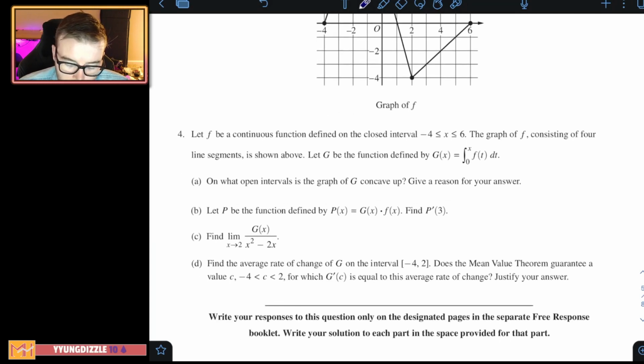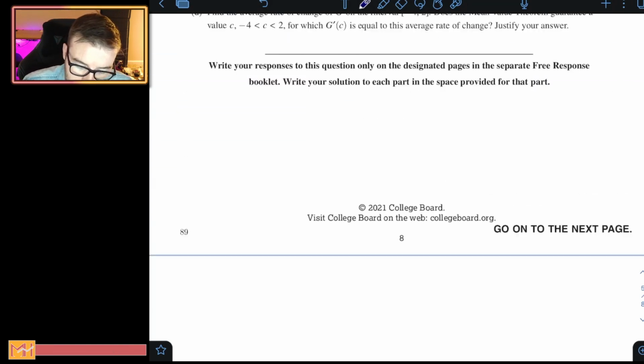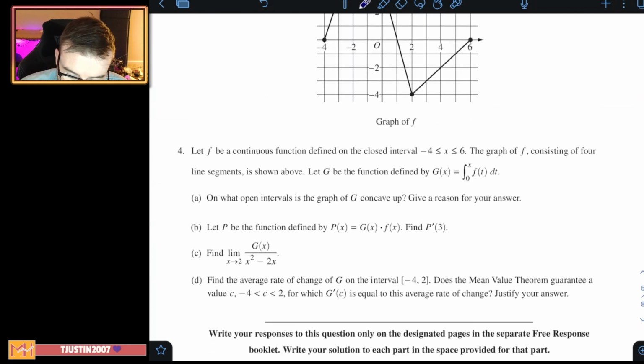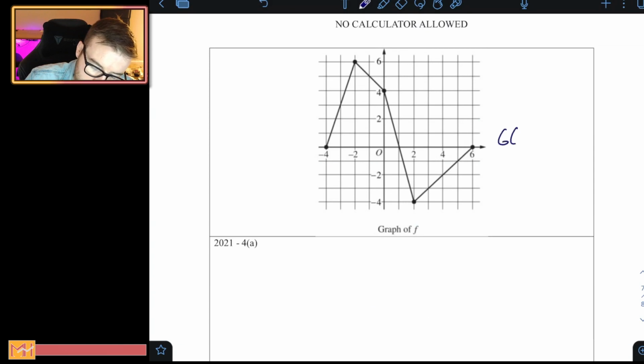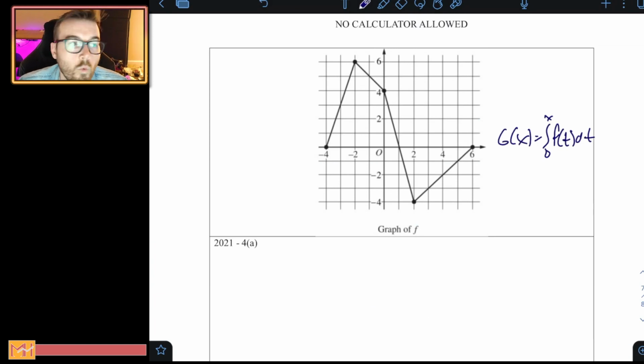So, let's jot this down here: g of x equals the integral from 0 to x of f of t dt. And they want to know on what intervals the graph of g of x is concave up. How is concavity determined?